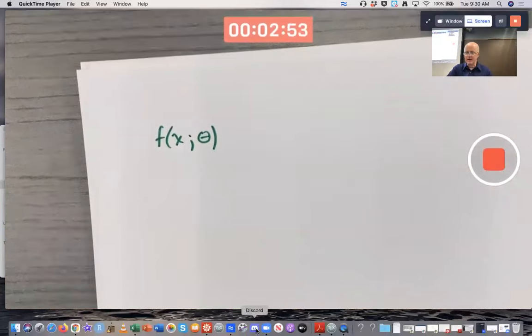I don't know that we'll need it, but this would, of course, mean the CDF. If you wanted to write down a formula for the CDF, capital F of x theta would be 0 if x is less than or equal to 0.